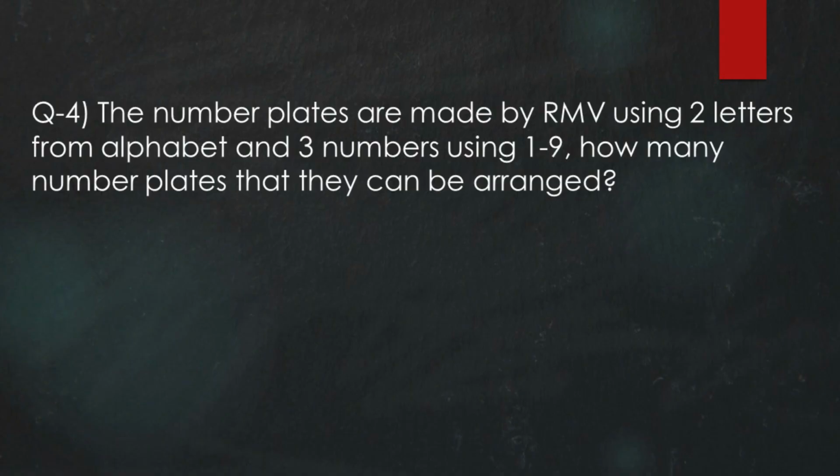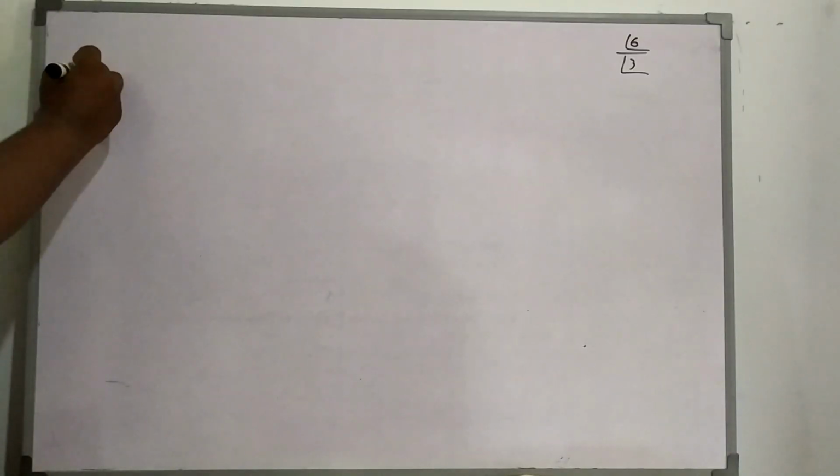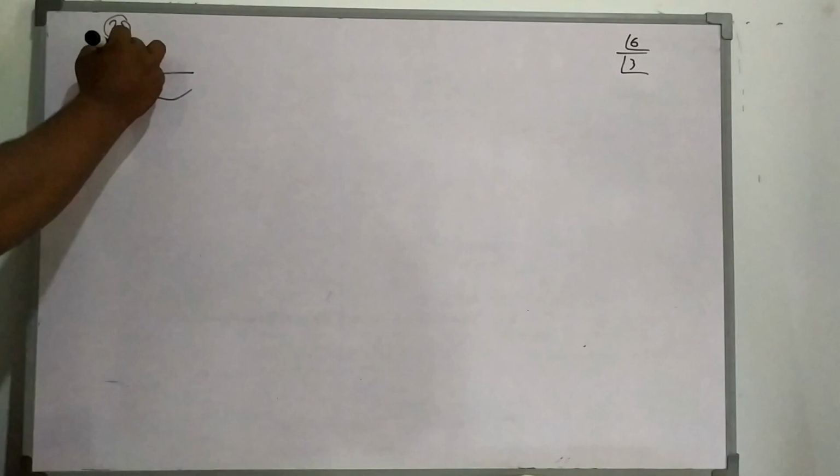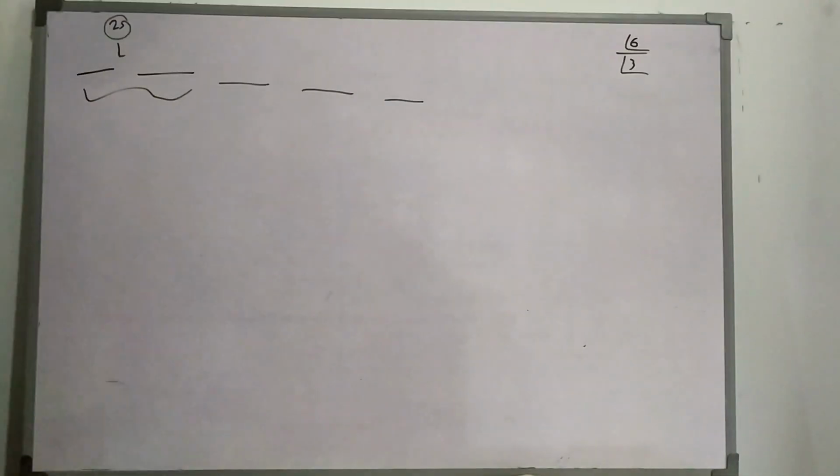Right. So the next question: number plates are made using 2 letters from the alphabet and 3 numbers using 1 to 9. How many number plates can be arranged? So 2 letters, right? We have 25 letters in the alphabet.